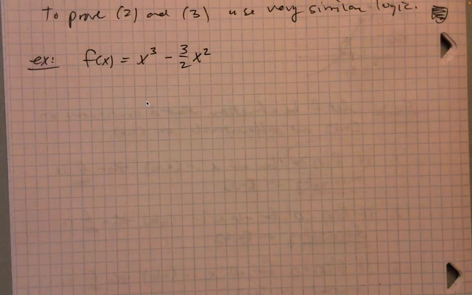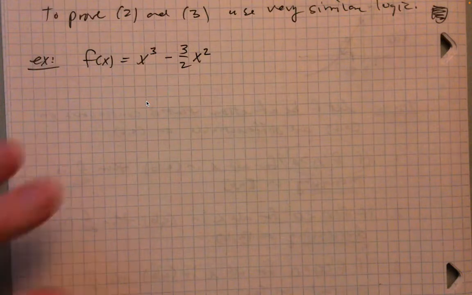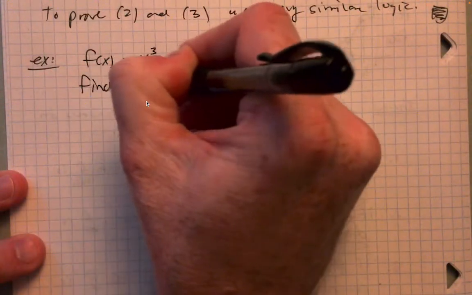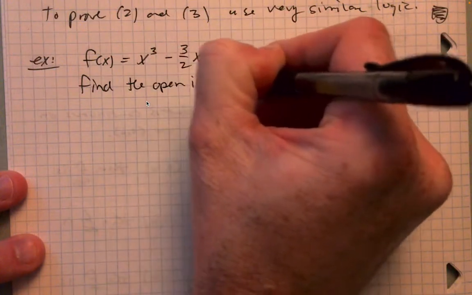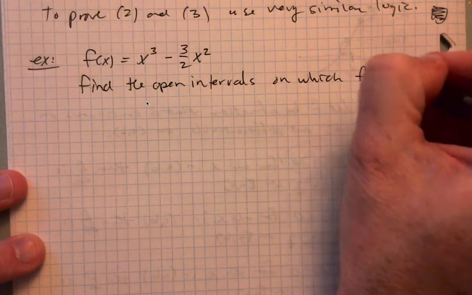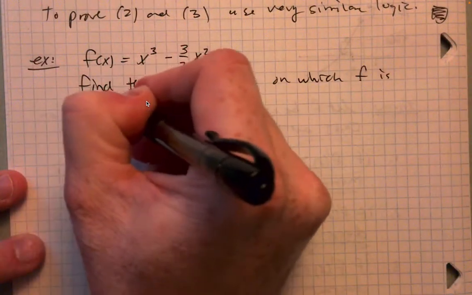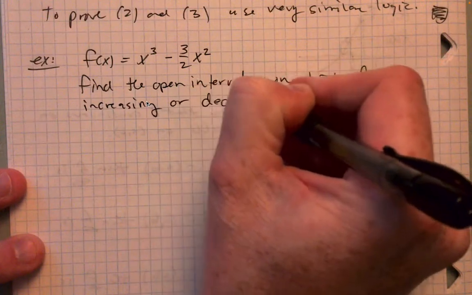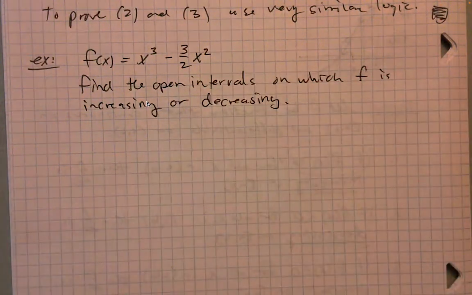Given this function, we want to find the open intervals on which f is increasing or decreasing. Obviously, we want to do this without plotting anything.